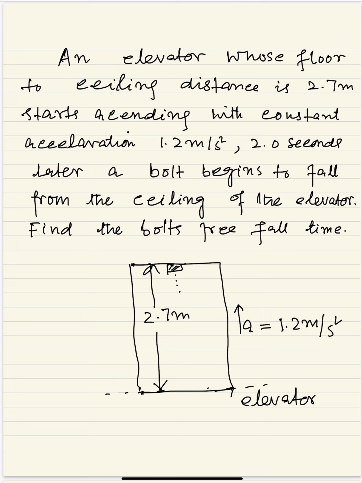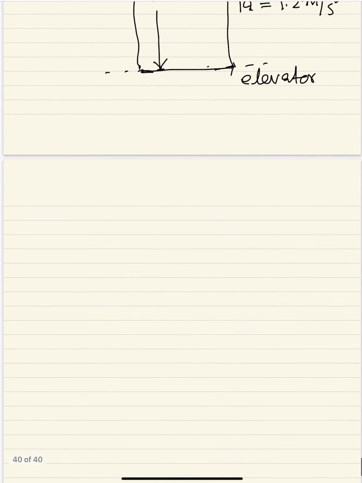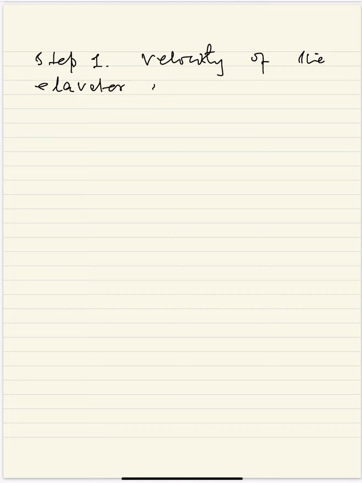So what should we do? First of all, we need to find velocity of this elevator and the bolt after 2 seconds. Let me see with what velocity it is moving after 2 seconds. So step 1, velocity of the elevator after 2 seconds.